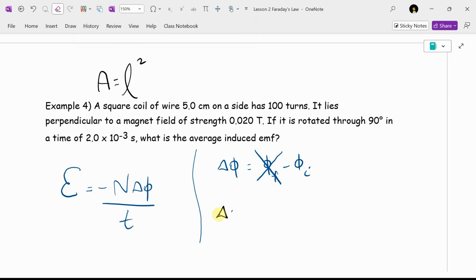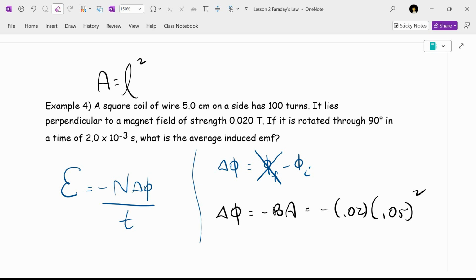So we're going to get a change in flux of negative BA, which is going to be negative B 0.02 A 0.05 squared, L squared.